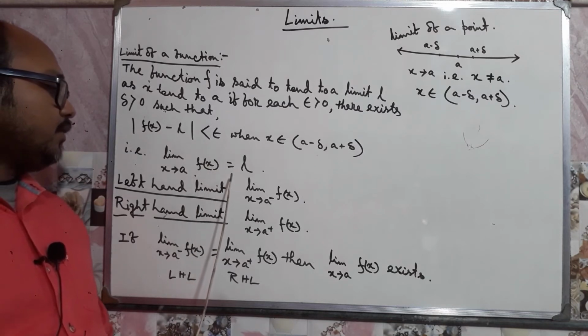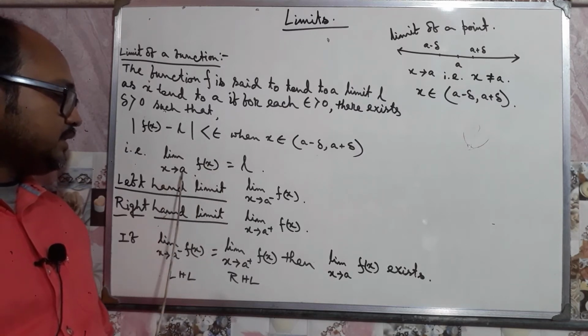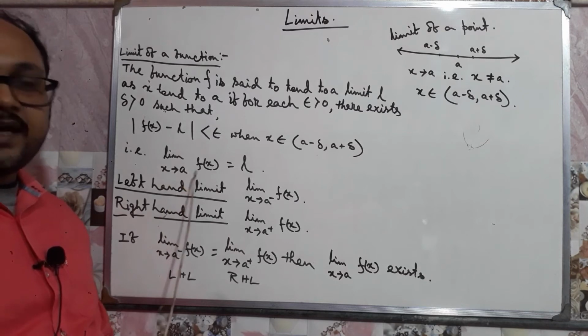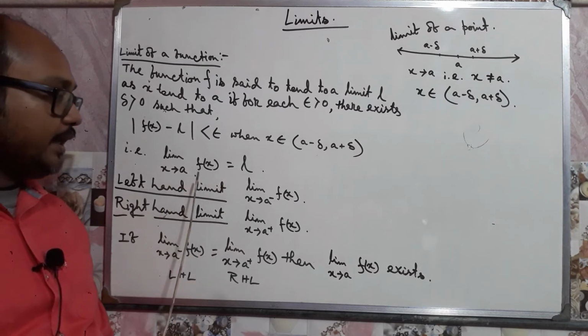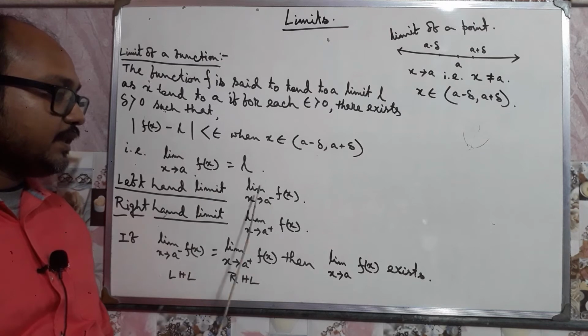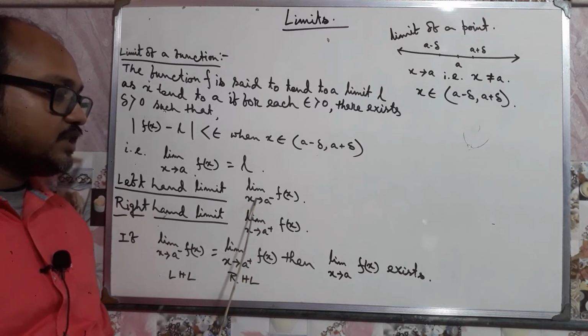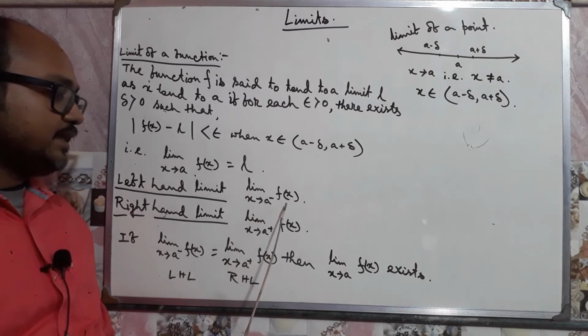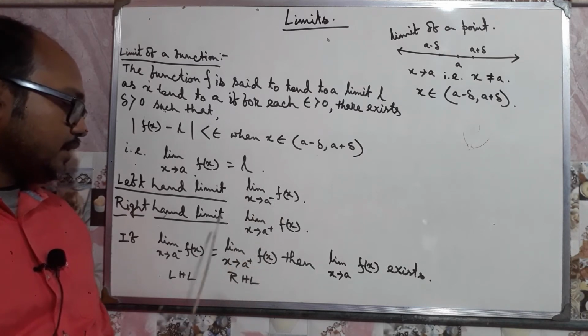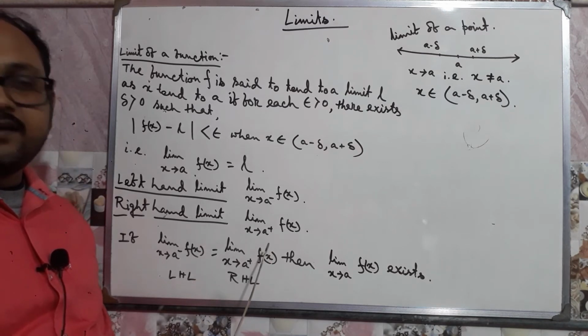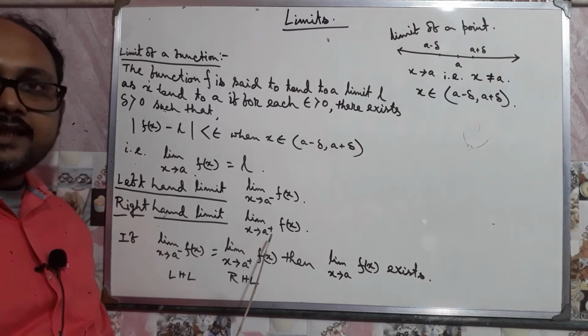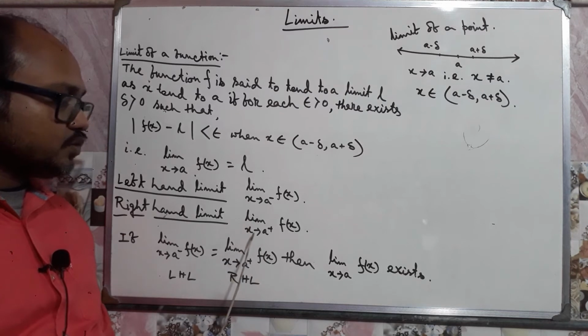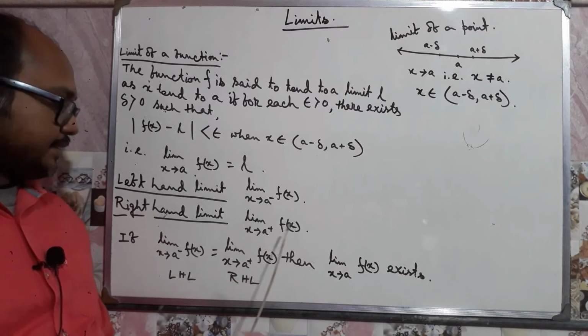Okay. Now, if this x tends to a from values smaller than a, then it will be the left hand limit, that is limit x tends to a minus, where the value of x is smaller than a. Limit x tends to a minus f x is known as left hand limit, and in case of right hand limit, the value of x is greater than a, that is limit x tends to a plus f x.